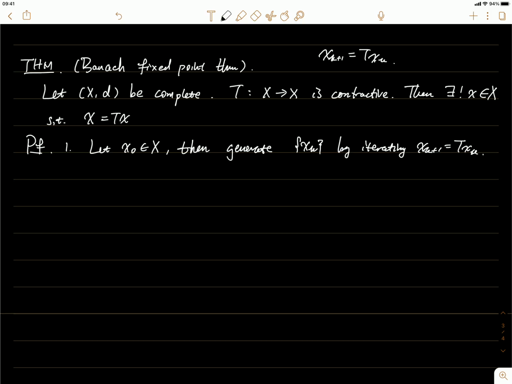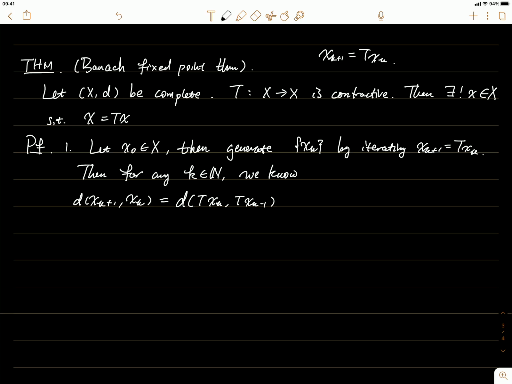Then what we can see is that for any k, the distance between xk plus 1 and xk is, according to the definition, equal to the distance between T of xk and T of xk minus 1, right?